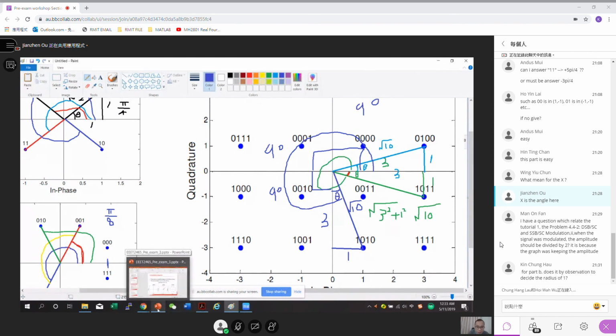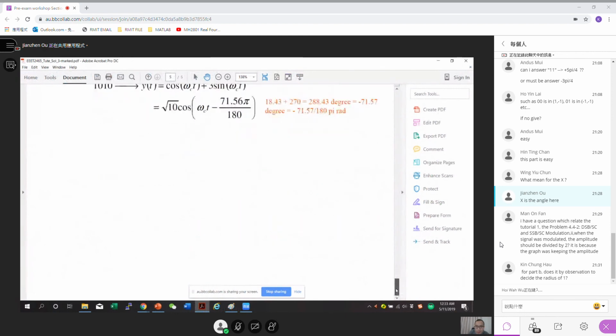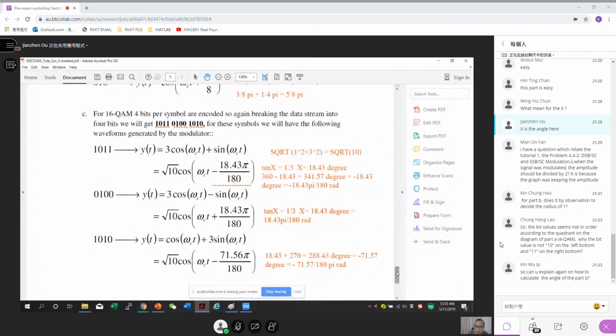Okay, so I think that's all for the tutorial questions. You can see the first and second questions are about the bandwidth, so you have to really comprehend the formula listed in the pre-exam workshop lecture slides. And for the final one, you have to make good use of the constellation diagram.